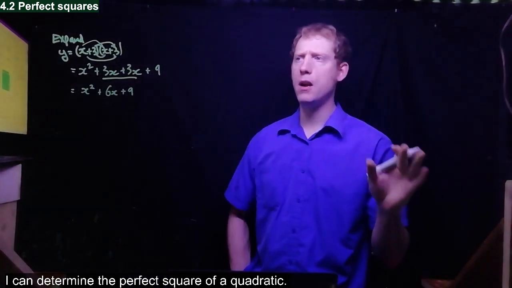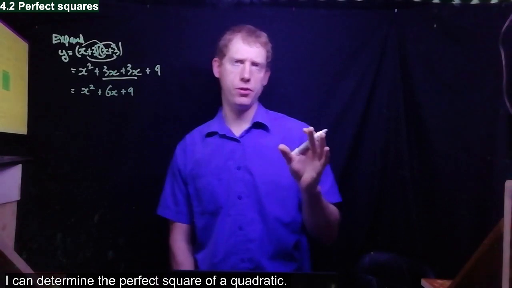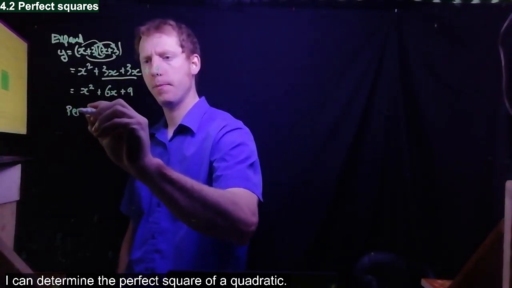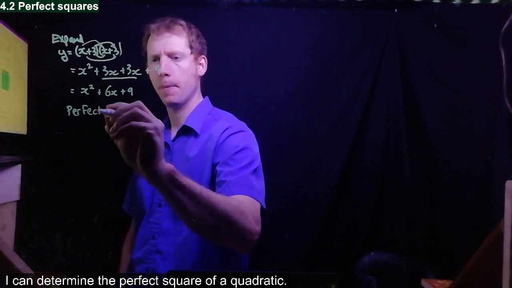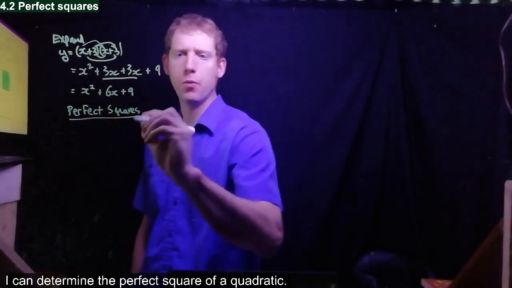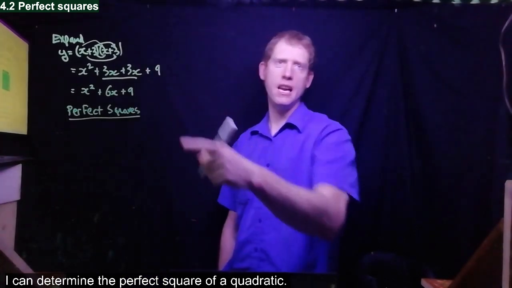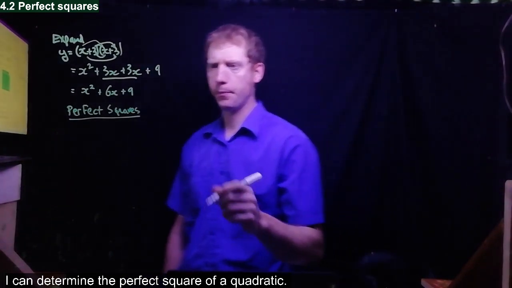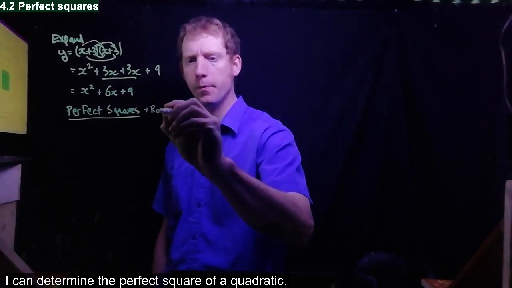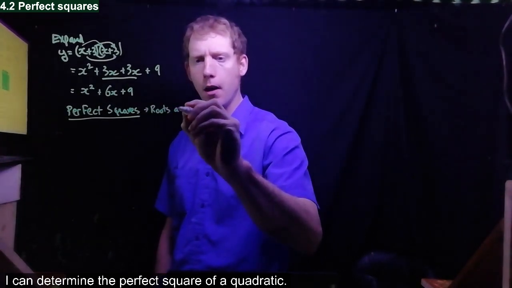What perfect squares means is the roots are the same. What does perfect squares mean? This equation here has a perfect square. Perfect squares means that the roots are the same.